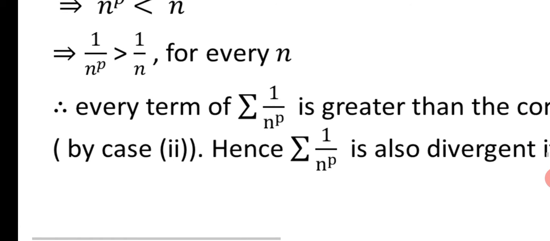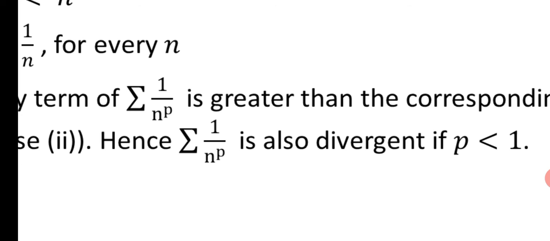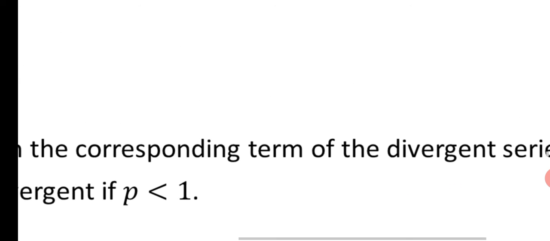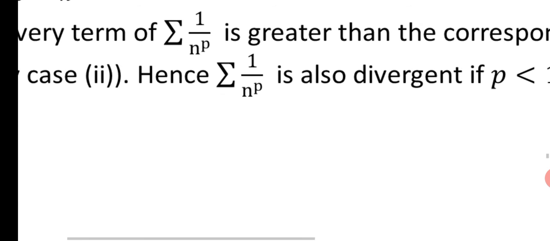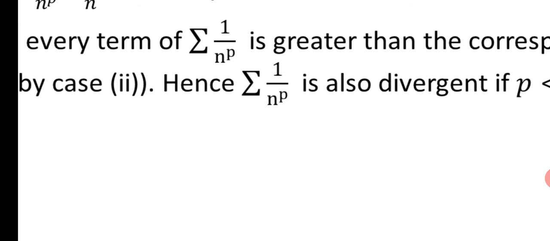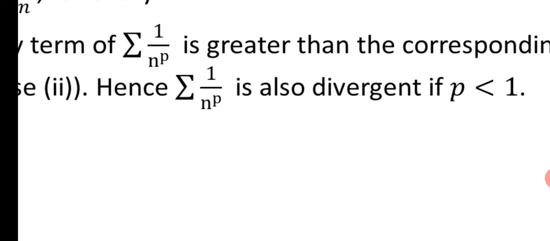Therefore, every term of summation 1 by n to the power of p is greater than the corresponding term of the divergent series summation 1 by n by case 2. Hence, summation 1 by n to the power of p is also divergent if p is less than 1.